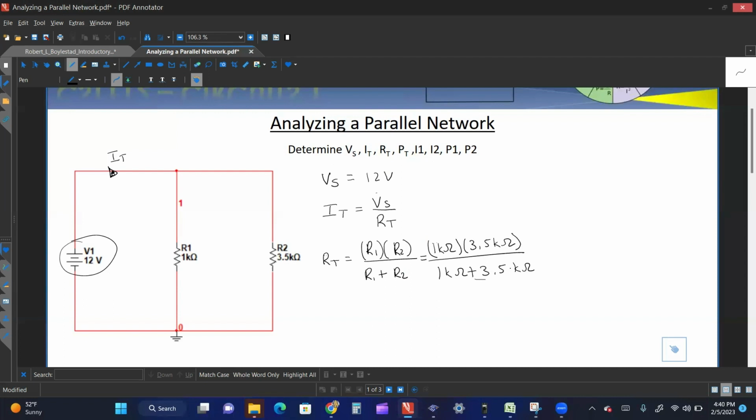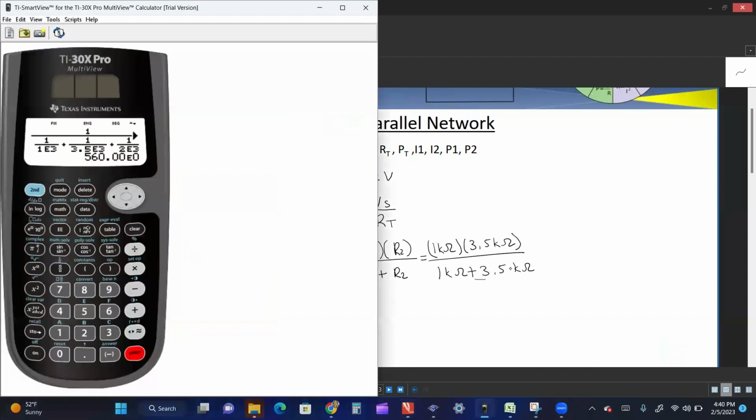All right, and so go ahead and multiply that out. Plug it into our calculator. You got 1 times 3.5 e to 3 divided by 1 e to 3 plus 3.5 e to 3.